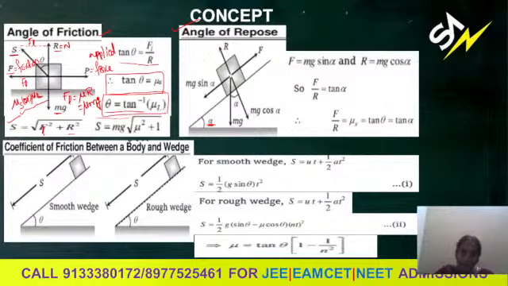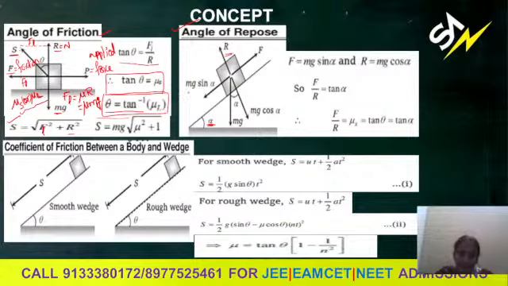Here we have drawn the free body diagram. What are the forces acting on this object? Weight will act downwards, perpendicular to the surface of the earth. Reaction force acts perpendicular to the surface of contact. Weight resolves into its components, mg cos alpha and mg sin alpha.